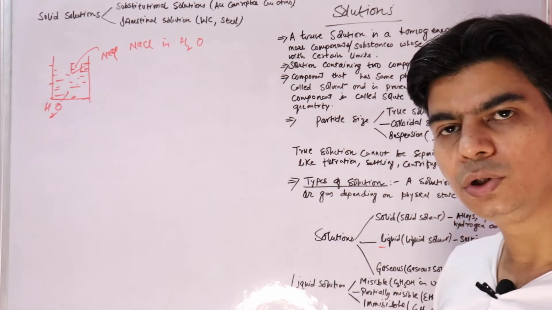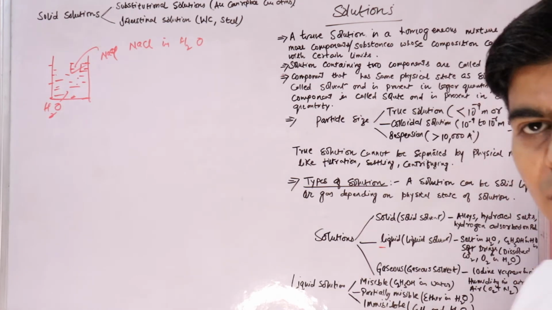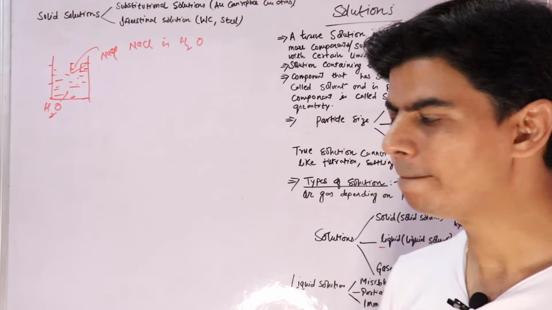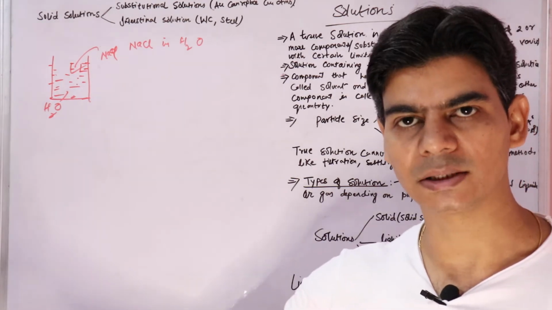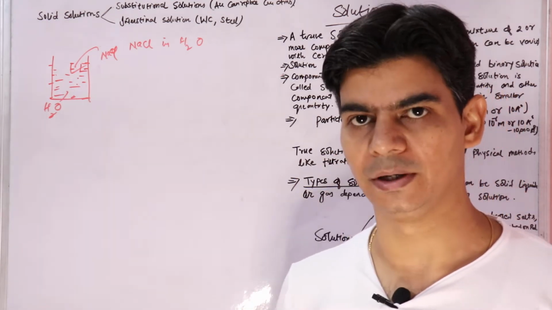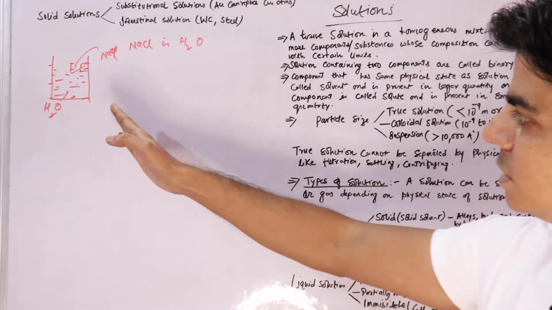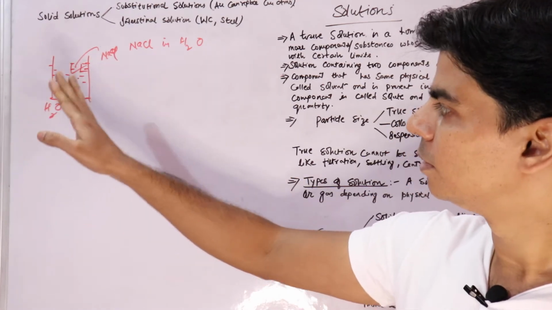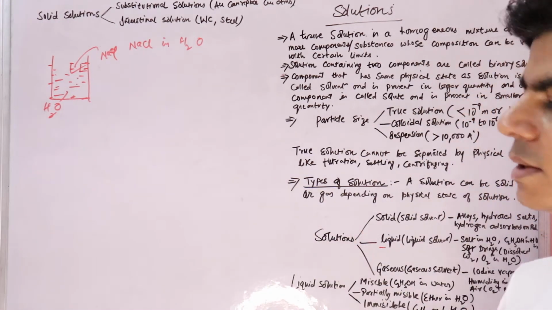Whatever solution you take, a gaseous solution, liquid solution or solid solution, whatever the physical state of the solution, solid, liquid or gas, the solvent will have the same physical state. Also, in this solution water is in larger quantity and sodium chloride is in lesser quantity.